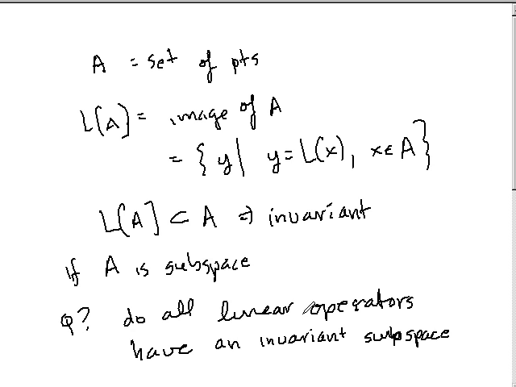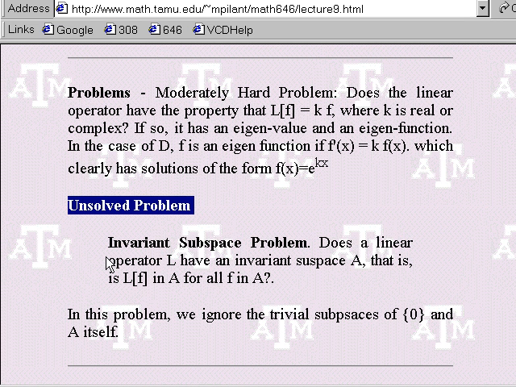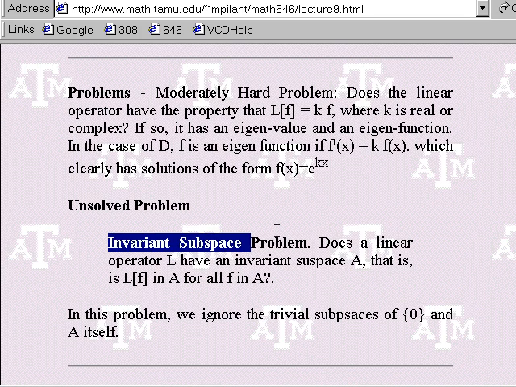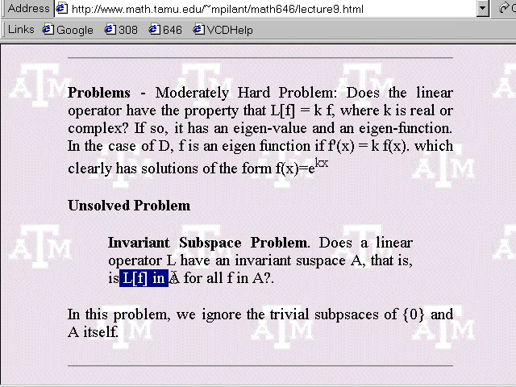Things with eigenvalues have one. So anything with an eigenvalue, you can just take all linear combinations of eigenfunctions, and that would be an invariant subspace. But that's one of the deepest problems in this area of mathematics, which is called operator theory: does this linear operator have an invariant subspace?